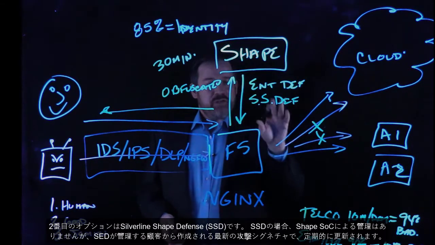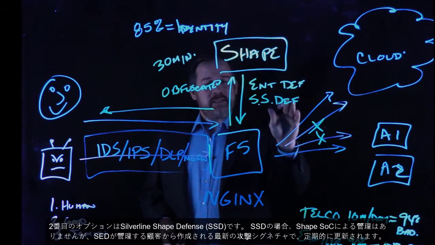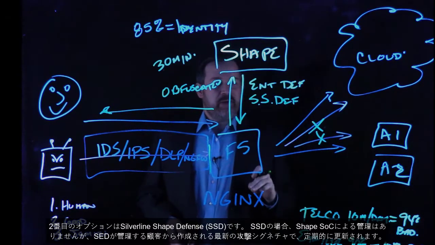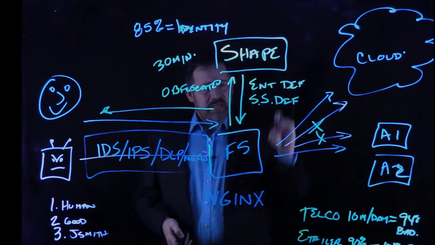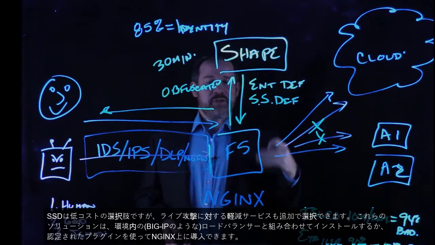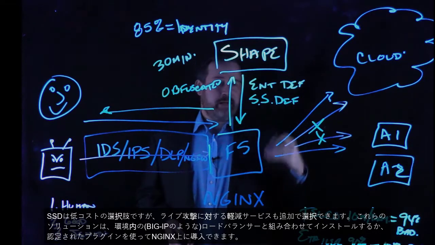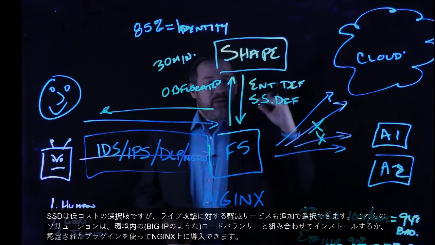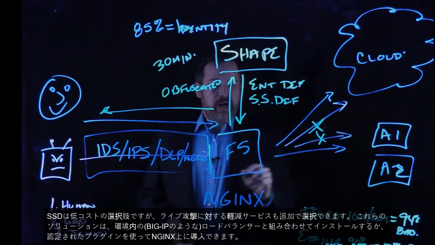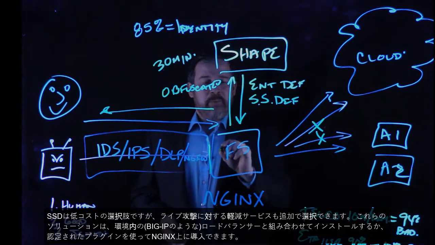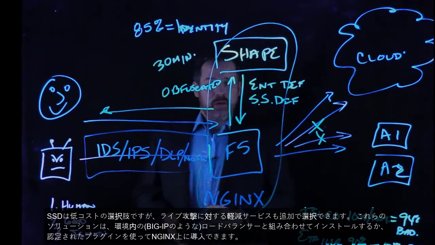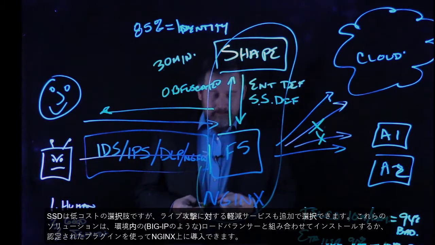This solution is unmanaged, but it's constantly updated using the attack signatures from our Shape Enterprise Defense customers. It is a lower cost option, but there are mitigation services available for live attacks at an additional cost. These solutions are installed alongside your load balancer in the environment and implemented with Nginx via a certified plugin.